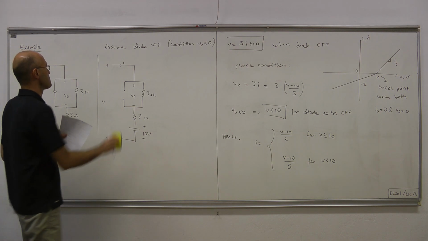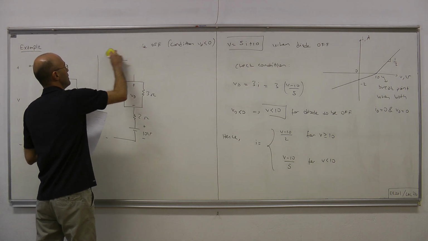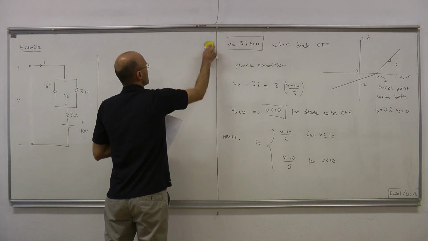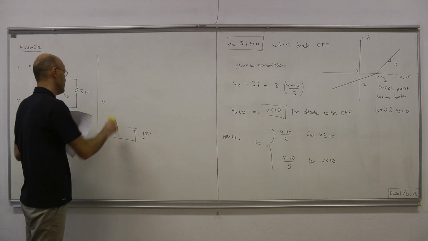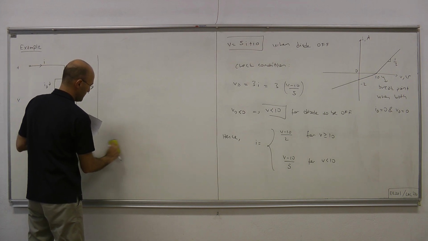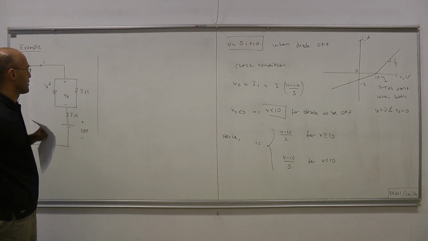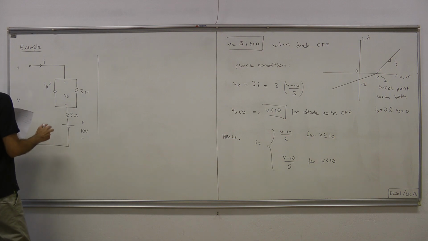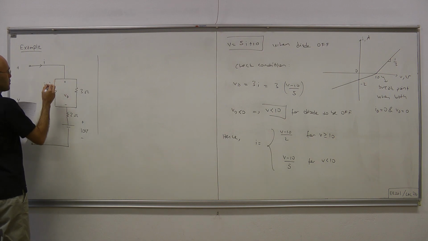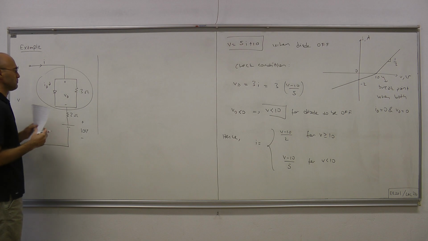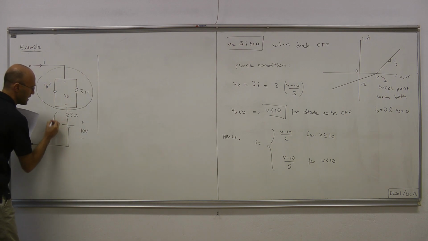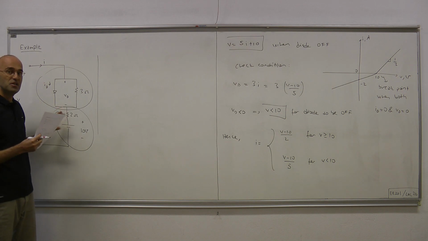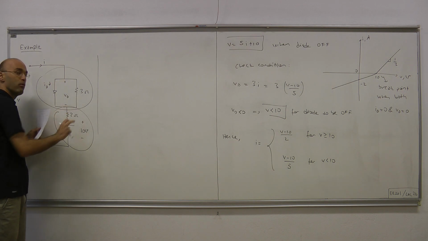Now, incidentally, we could have solved the problem by the graphical method that we talked about in the previous lecture. And one way to go would be, for instance, plot the IV curve of this piece, and then plot the IV curve of this piece here, this one port and that one port.